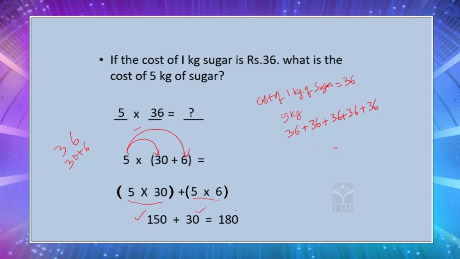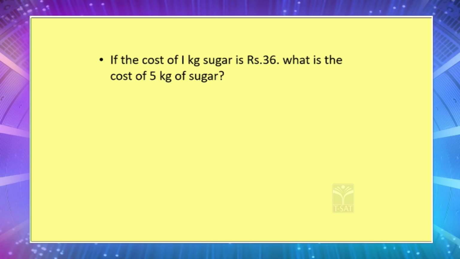So 150 plus 30 is 180. So what is the cost of 5 kgs of sugar at the rate of 36 per kg? 180 rupees. Understood, children? Next we move to another situation.